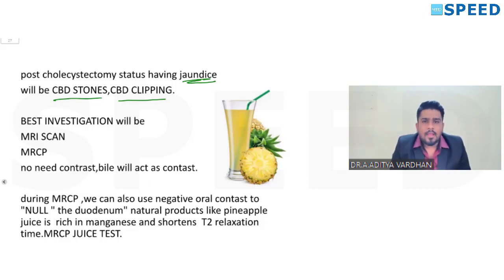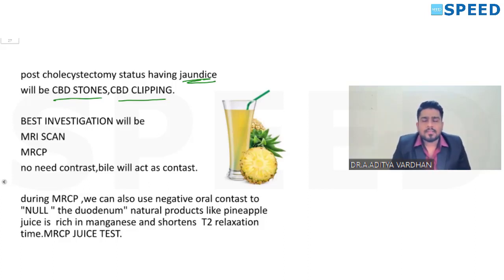Next thing is a special test called the MRCP juice test. Remember, friends, as a house surgeon or as upcoming doctors, whenever you perform an MRCP, my particular advice to you is to ask the patient to drink raw pineapple juice, that is, normal pineapple juice, and come for the study.